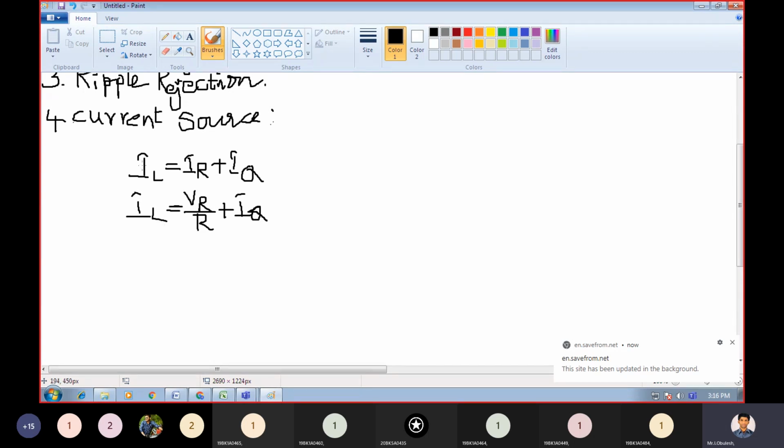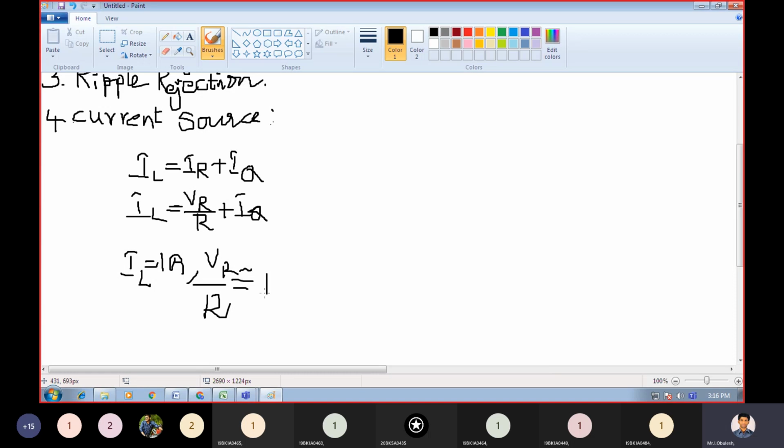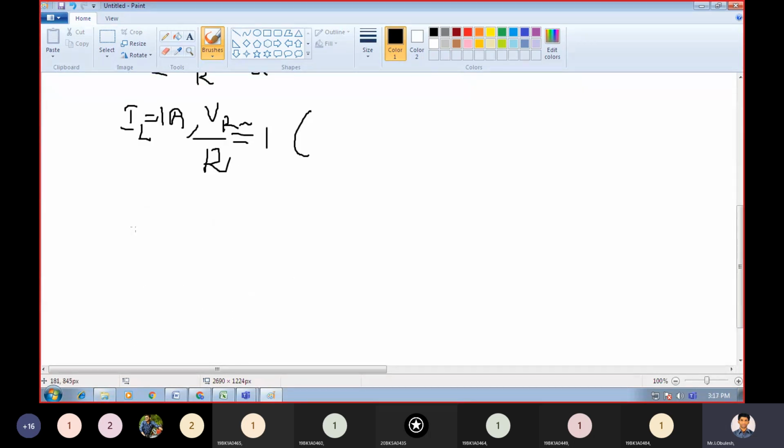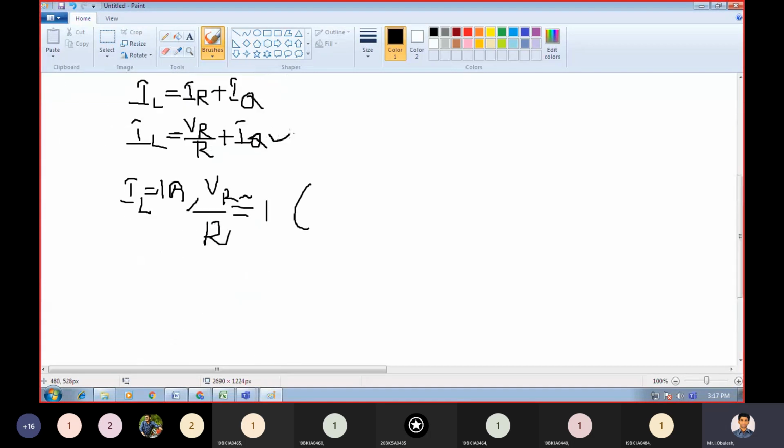Let us assume IL is equal to 1 amp. And the VR by R value is almost equal to 1, because the IQ value is much less than IL. So this is the condition.